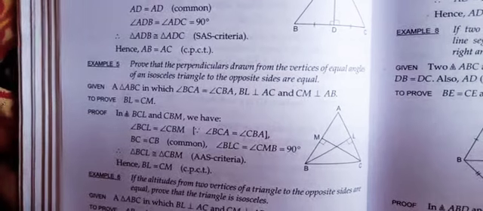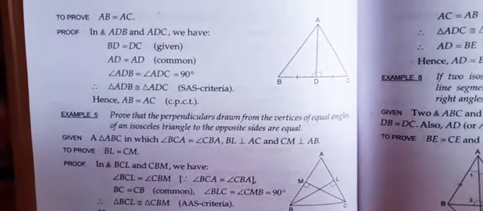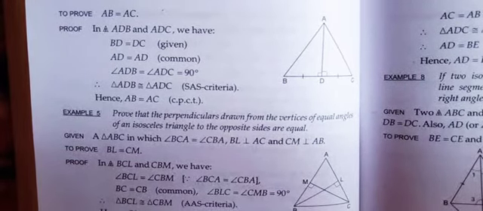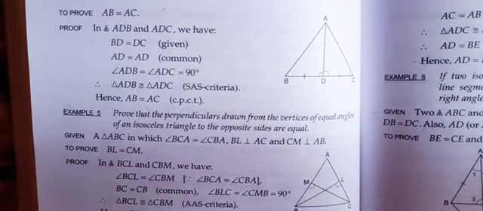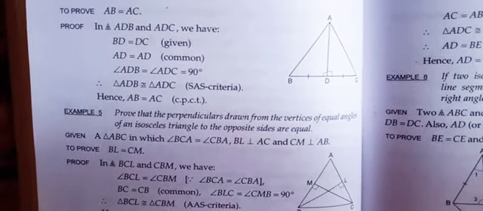Now I will provide you some solutions from this chapter. After you read this, you understand this. You should message me, okay sir, we have understood the theorems, the results, and the proof of the ASA criteria and SAS criteria.